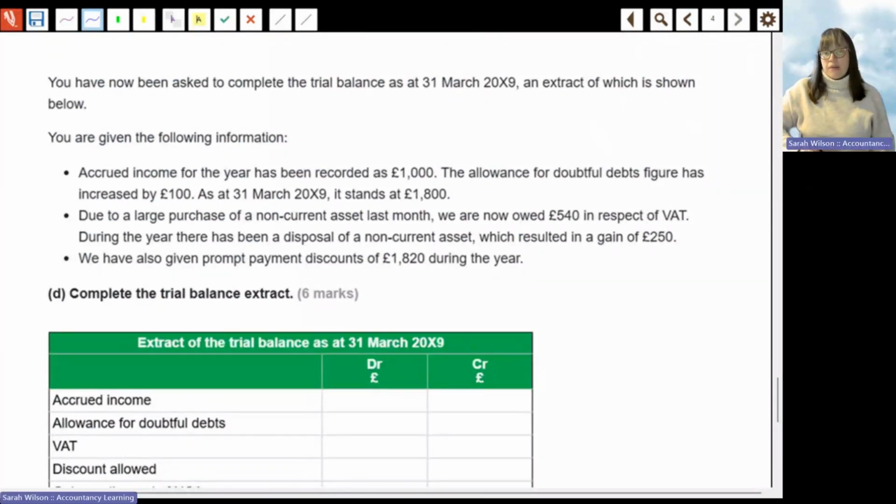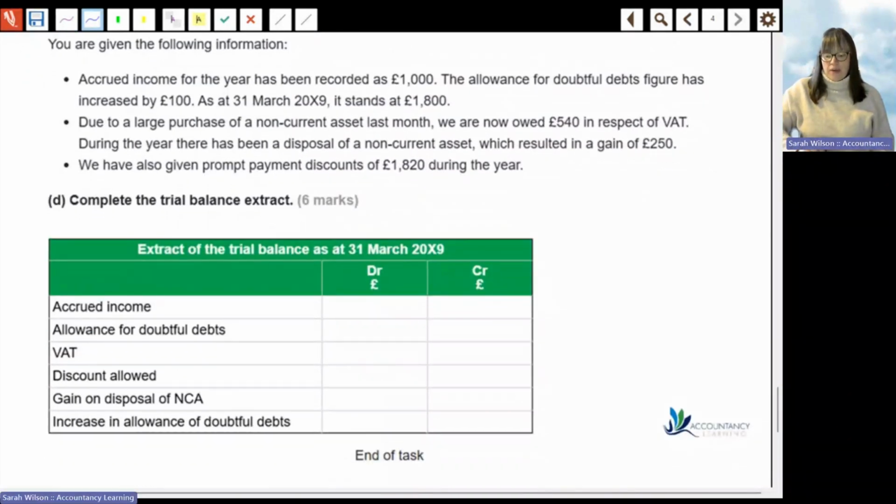You've now been asked to complete the trial balance as at the 31st of March 20X9, an extract of which is shown below. Then we're given the following information. Accrued income for the year has been recorded as £1,000. The allowance for doubtful debts figure has increased by £100 as at the 31st of March 20X9, it stands at 1,800.